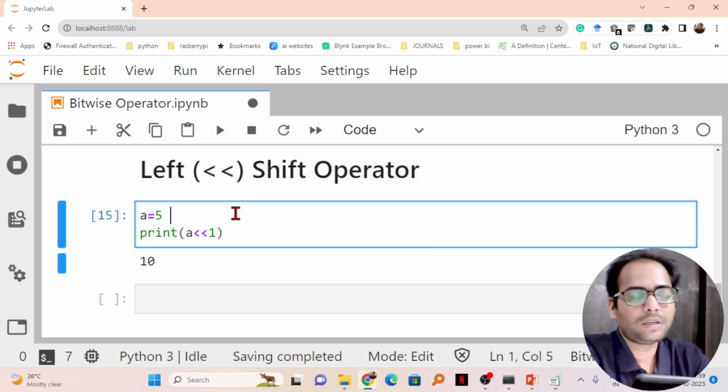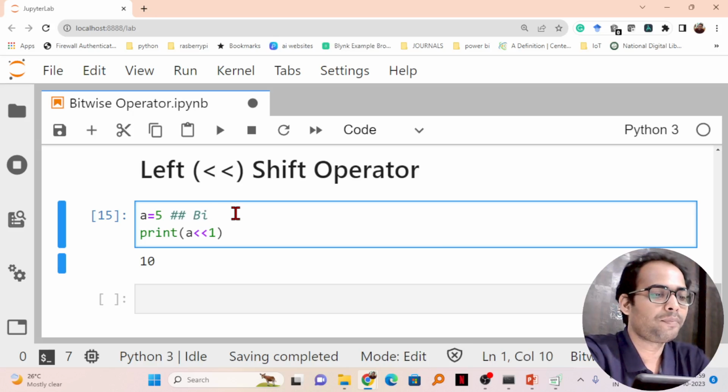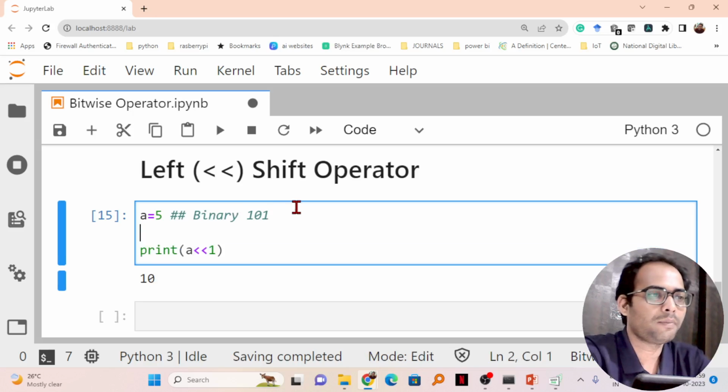As it is a bit operator, everything is going to happen in binary. The binary of 5 is 101. Now because of the left shift operator, what is happening?